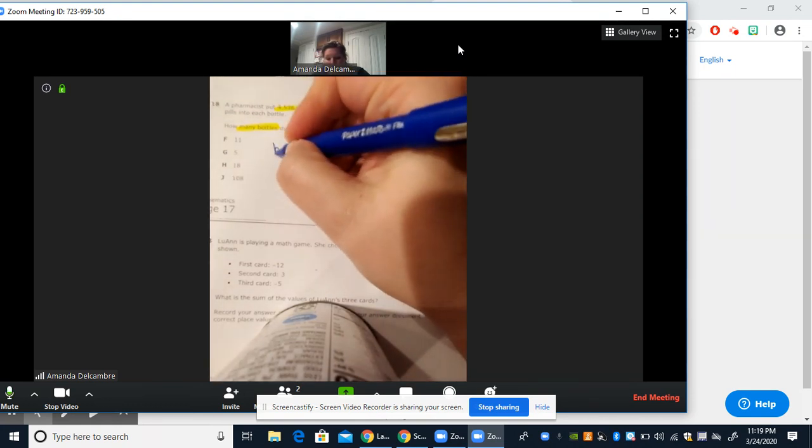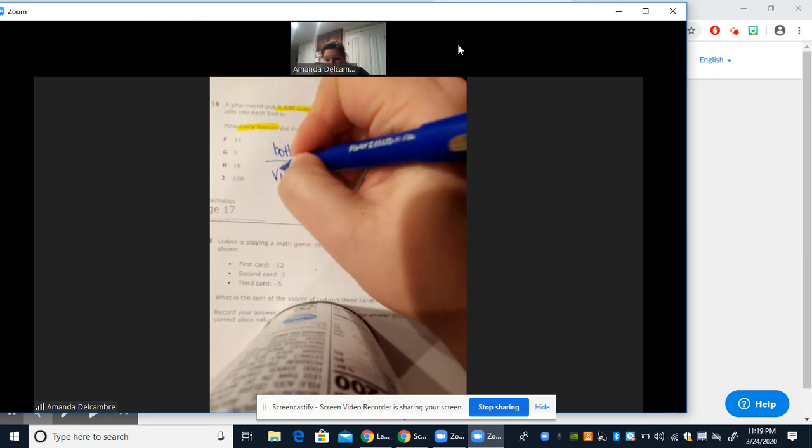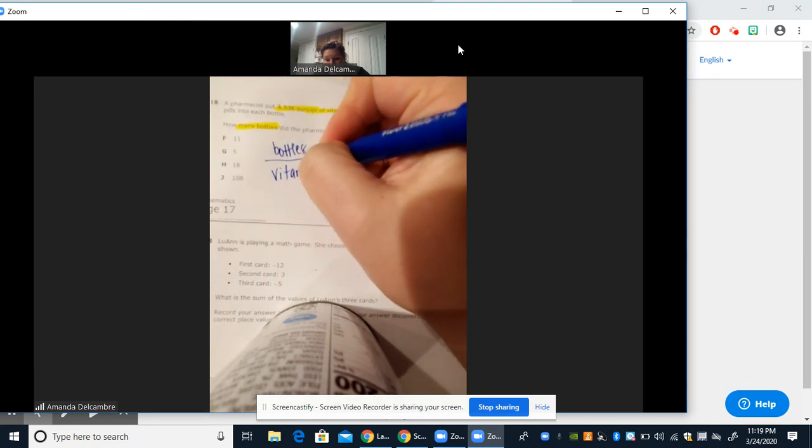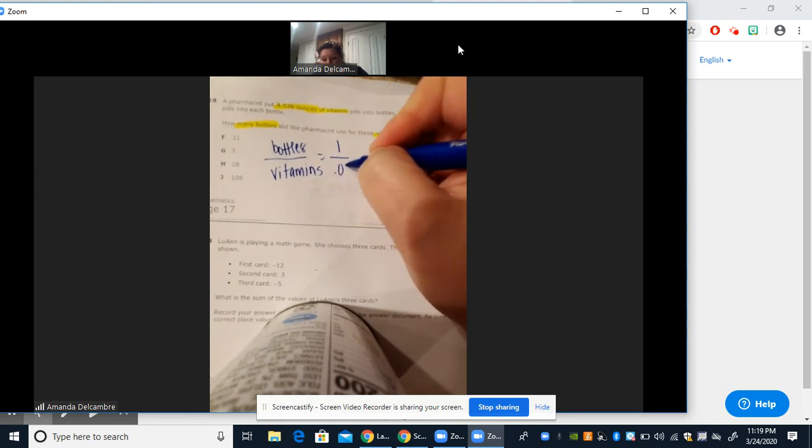So this is actually, we can set this up using a proportion. So we're comparing bottles and vitamins. We know that one bottle has 42 thousandths of an ounce of vitamins in it.